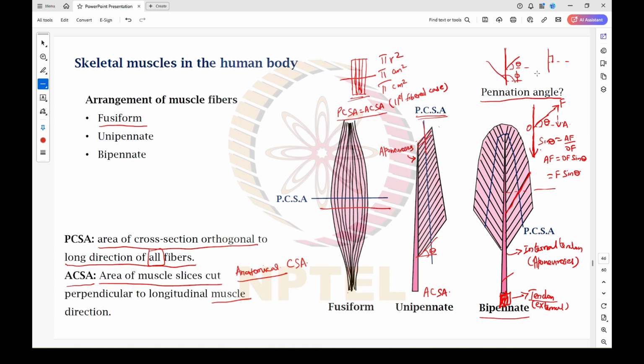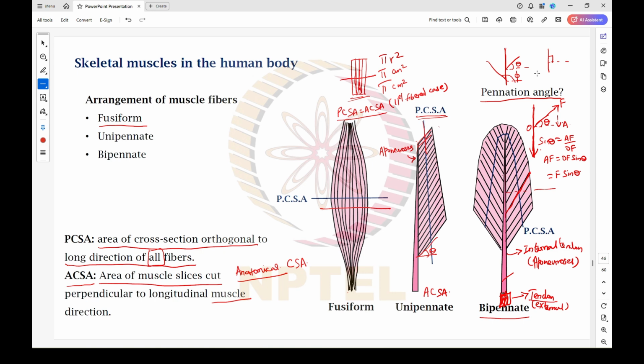Okay. Now, how the muscle fibers are arranged within a muscle dictates how much force is produced by the muscle and transmitted to the bone.